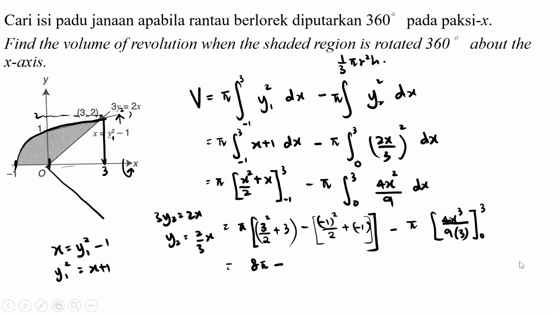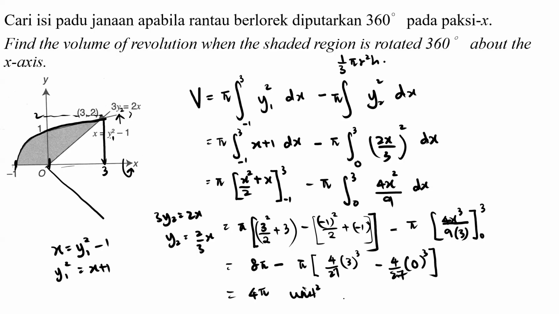Oh, show the substitution. 4 over 27 times 3 to the power of 3, and then minus 4 over 27 times 0 to the power of 3. This one is actually 4 pi. So 8 pi minus 4 pi equals 4 pi. 4 pi unit squared. Okay, because this and this can be simplified.